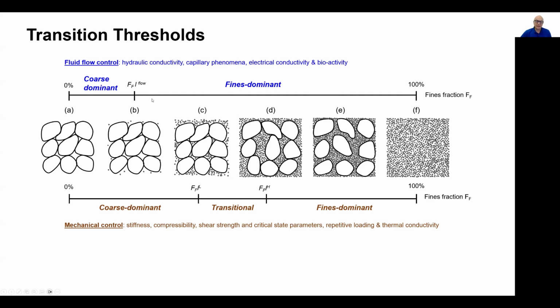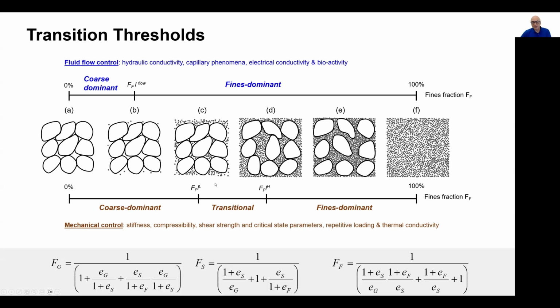So as you can see, we have thresholds for hydraulic conductivity, which are going to be different than the thresholds for mechanical behavior. In previous conversations, we derived these equations, which were the mass fractions of gravel with respect to the total mass of the soil, or sand, or the mass fraction of fines with respect to the total soil mass.